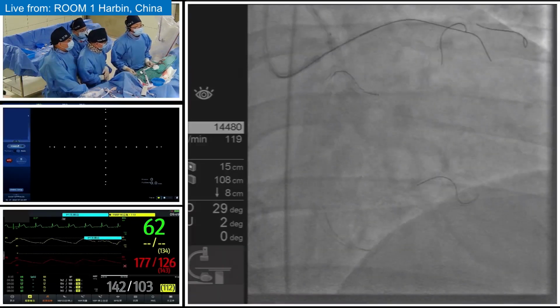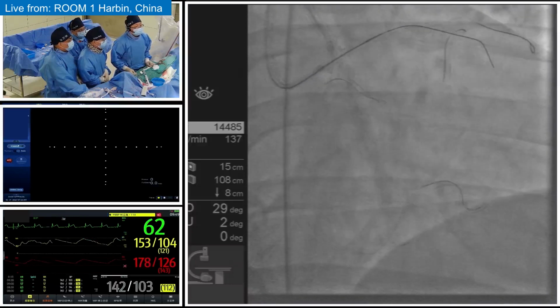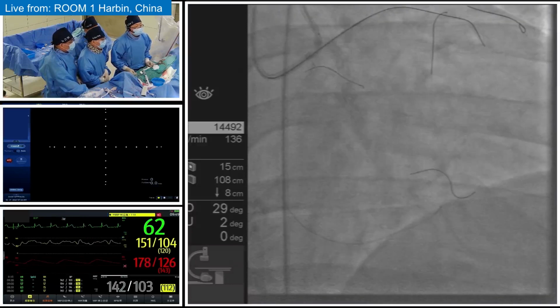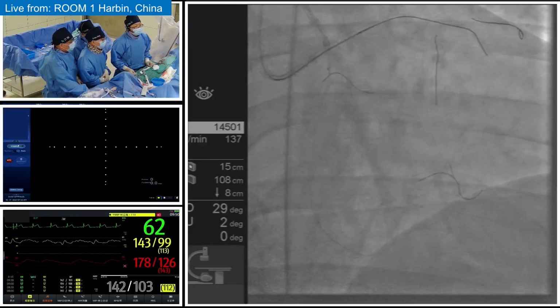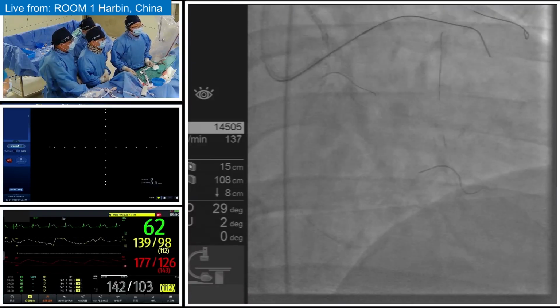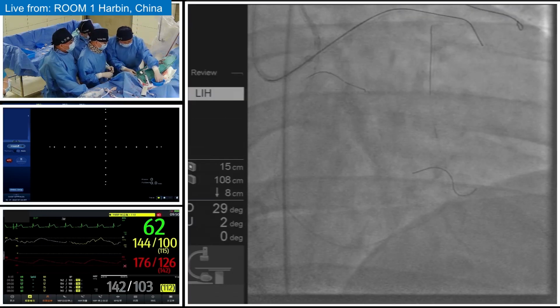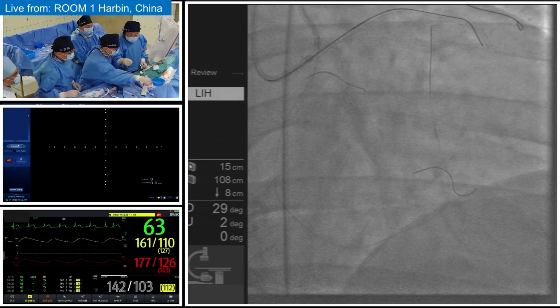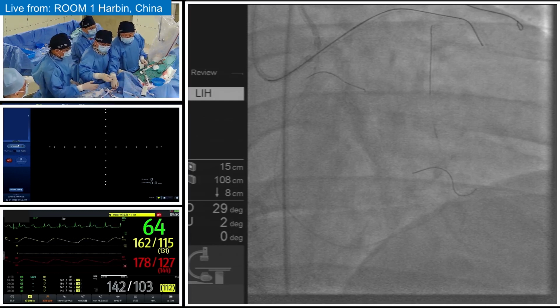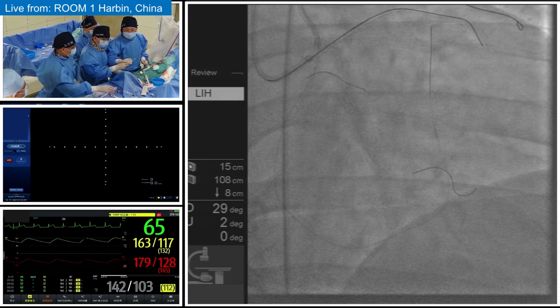I think we could advance the microcatheter a little bit and do a super selective injection. Okay, about here. Give me the contrast, please. So why don't I like to use a retrograde approach for this case?